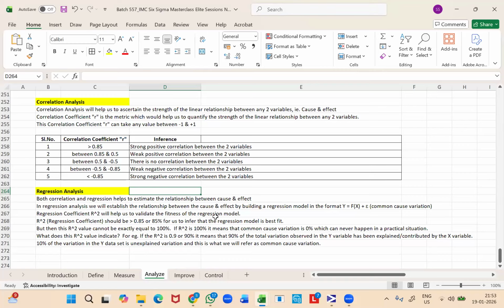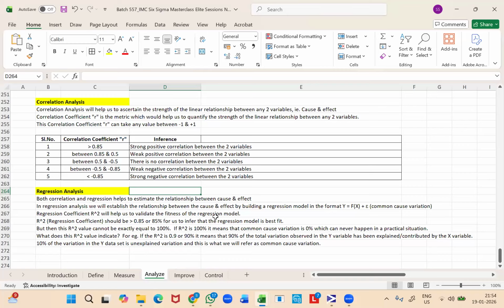right? So if you are asked to identify a tool which would help us to establish relationship between any two variables, then we need to pick the option either scatter plot or correlation analysis or regression analysis. All these three tools that we are looking at currently are relationship establishing tools, right?